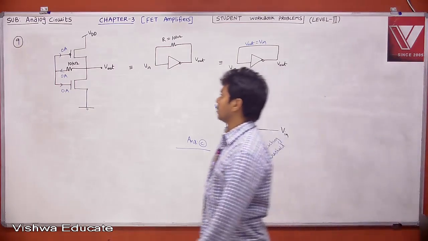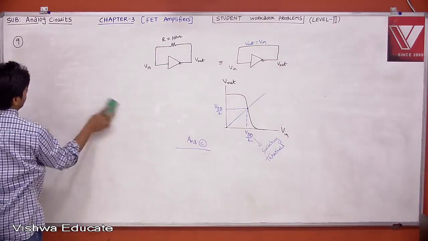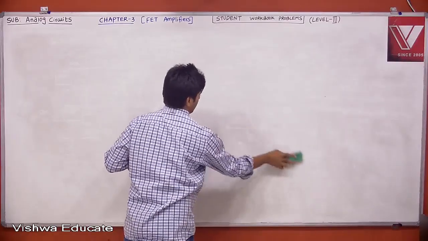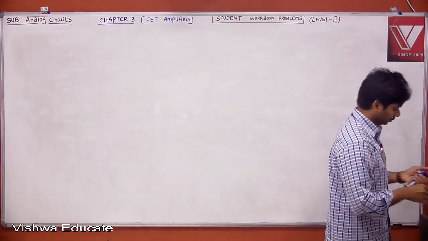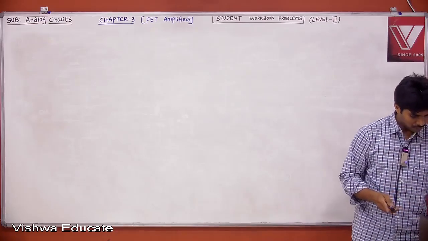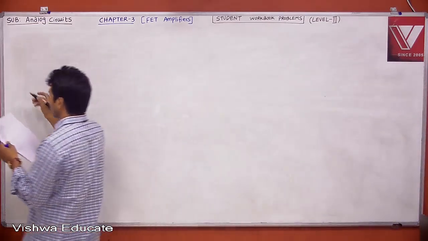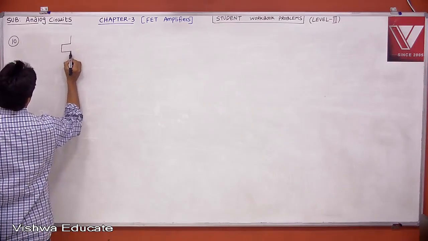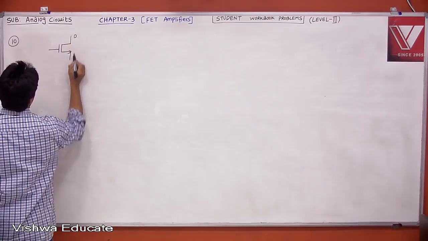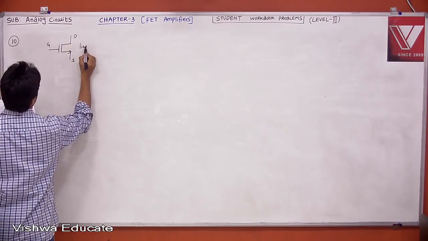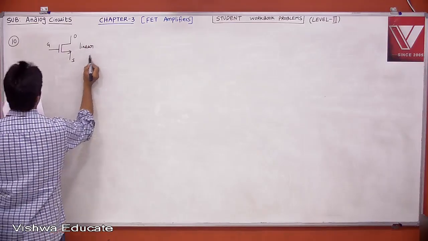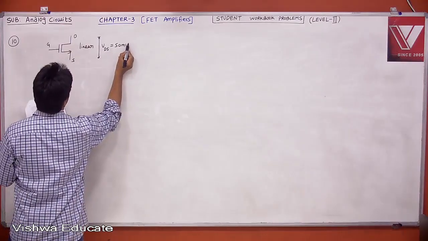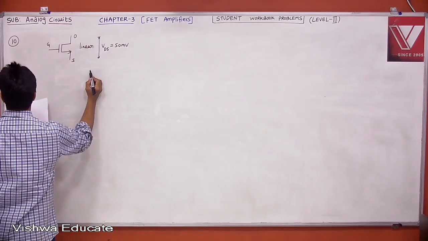Now, problem number 10. A long channel NMOS transistor is biased in linear region, with VDS equal to 50 millivolt, and it is used as a resistance.